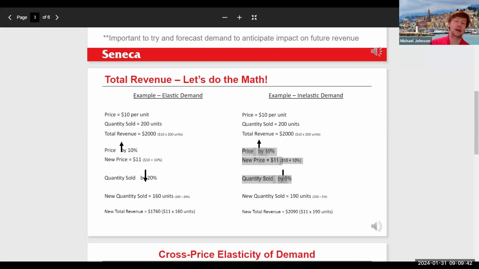Anything with a lot of substitutes is elastic. Anything with very few substitutes is inelastic. So there's no real substitute for clothes in general. Transportation like buses and trains, yeah, that would be inelastic. Good points, everyone. Great job.